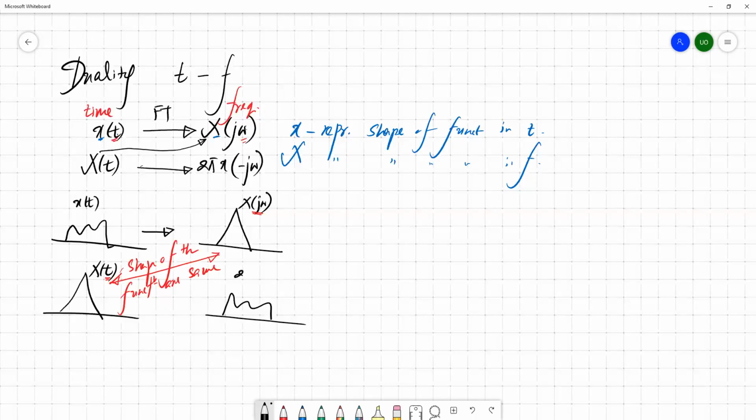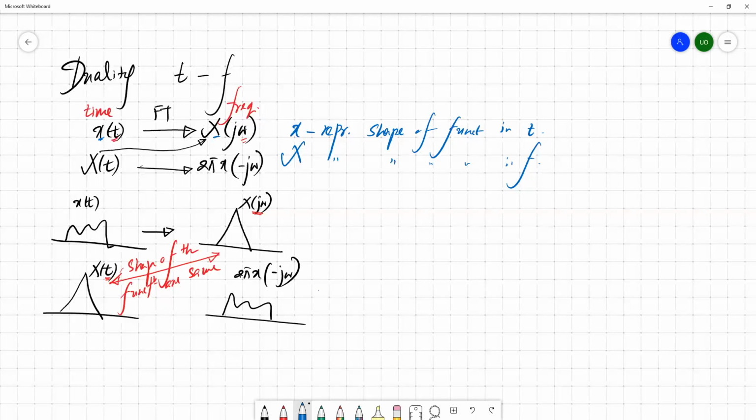So we have X(minus j omega). We know that if we have this minus j omega, it means we have X(minus omega), or this function is mirrored. So this t is simply mirrored.